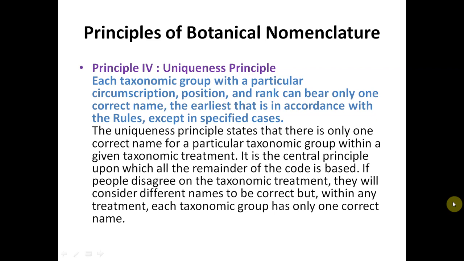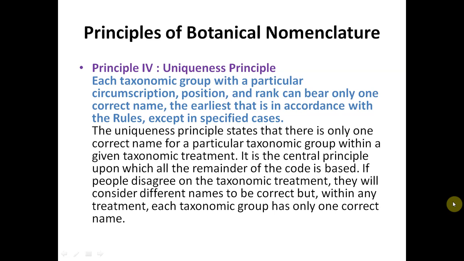That is called uniqueness of plant name. The uniqueness principle states that there is only one correct name for a particular taxonomic group within a given taxonomic treatment. It is a central principle upon which all the remainder of the code is based. So it is a very important principle. There should be only a single name, that is called uniqueness of plant name.